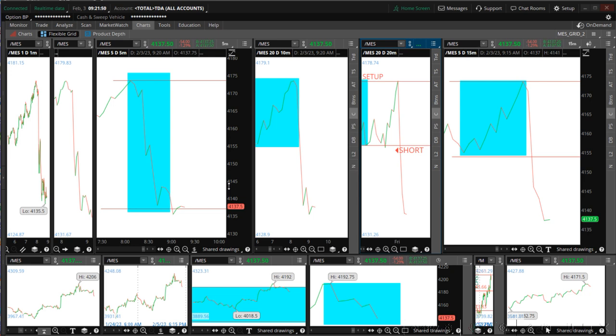Now, if you're a scalper, what you can do, for example, we have a clear fractal on the 5-minute time frame. The bottom is around 37.91.